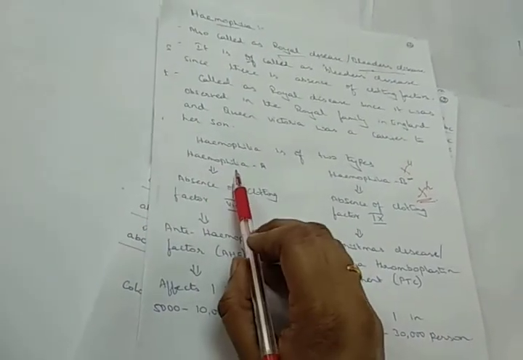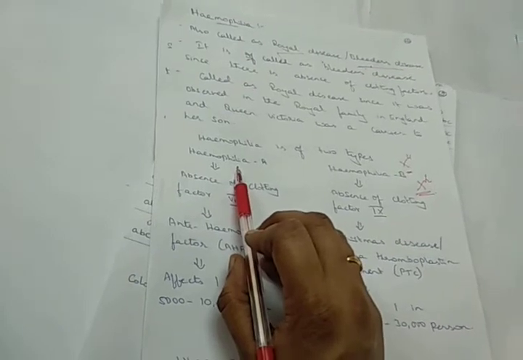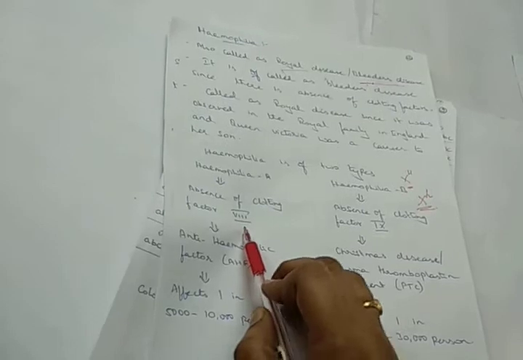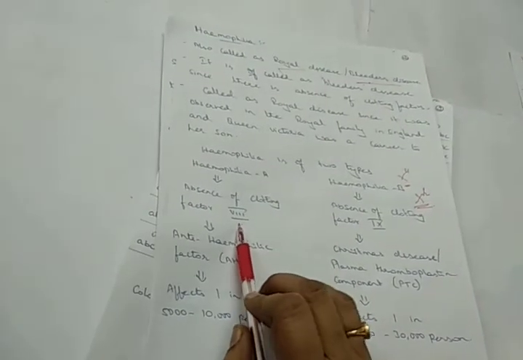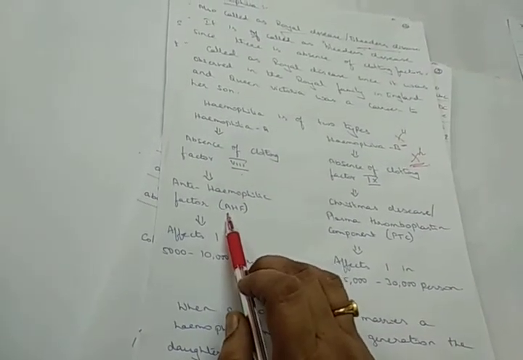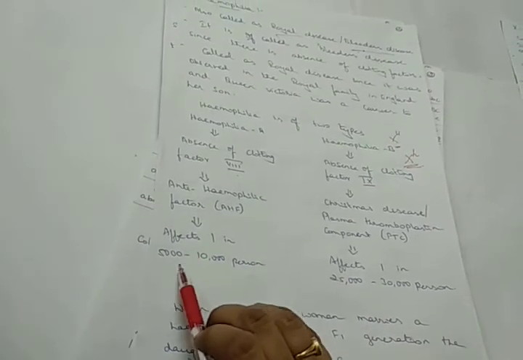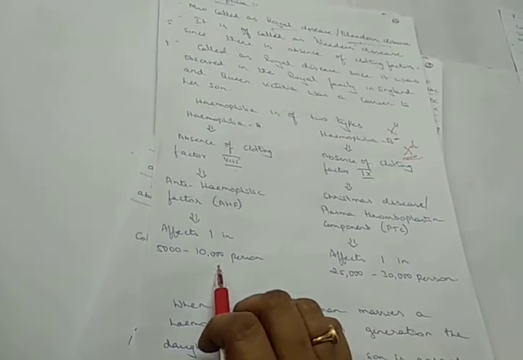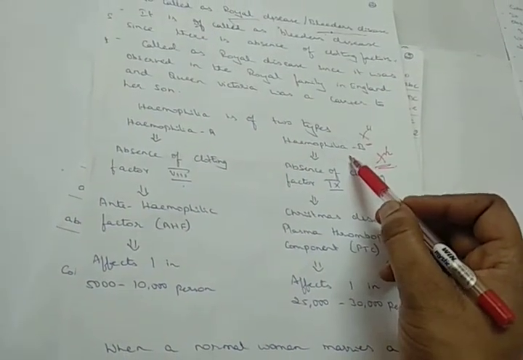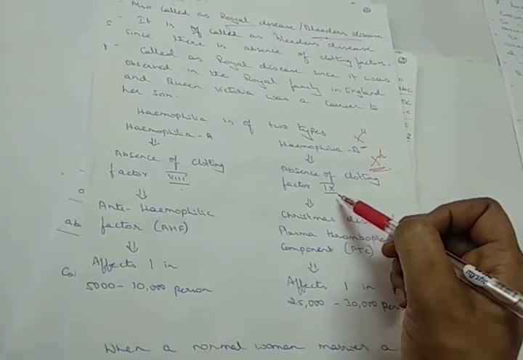When you take hemophilia A, if an individual has hemophilia A, you're going to call it the absence of clotting factor 8. That clotting factor 8 is named the anti-hemophilic factor, or AHF, which affects 1 in 5,000 to 10,000 people. Or the individual may have hemophilia B, which means absence of clotting factor 9.